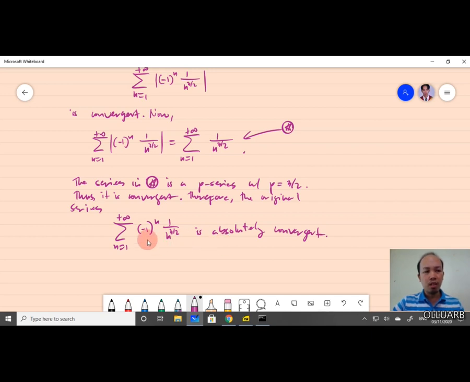This is helpful if the given series is an alternating series, since you don't need to use the alternating series test. All you have to do, if the given series is an alternating series, is show that it is absolutely convergent, and then you can conclude that the original series is convergent.